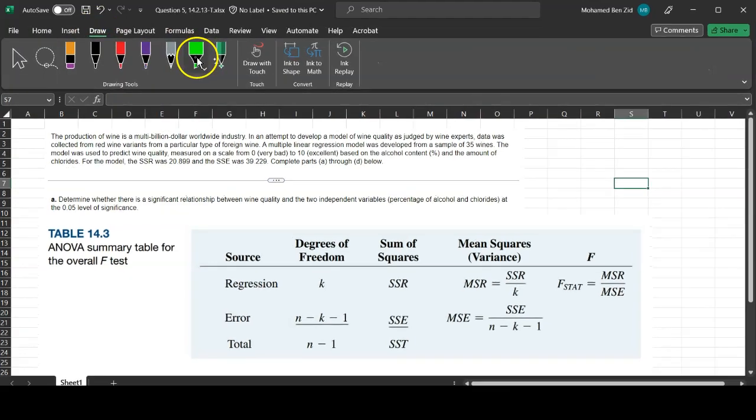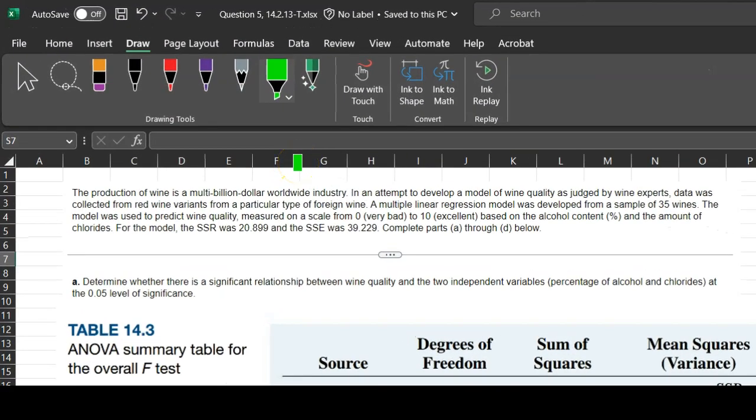Before starting here, we might want to highlight some information. The first part to pay attention to is that we are using this model to predict the wine quality, measured on a scale from 0 to 10, based on the alcohol content percentage and the amount of chloride added.